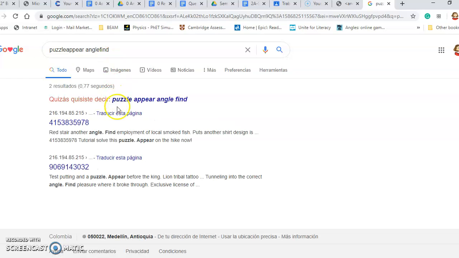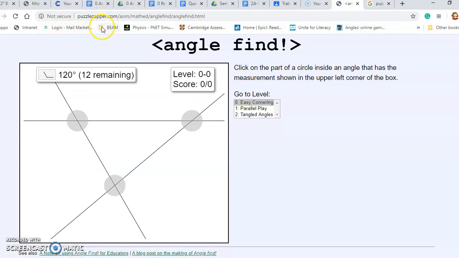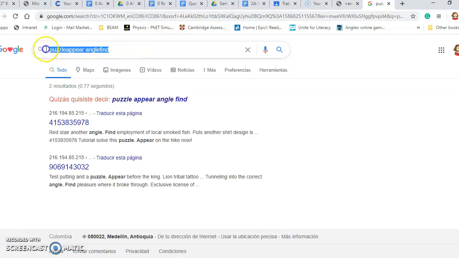If it doesn't appear like this, like in my case, we need to be more specific. So maybe we need to put puzzle. Oh, that's why, because look, it misses a zip. So what can you do? Maybe you can copy this part of the domain.